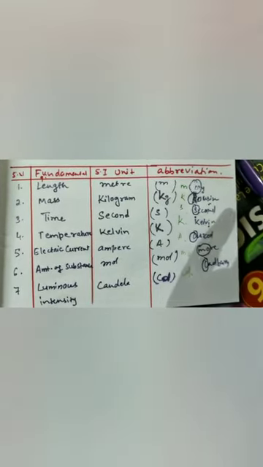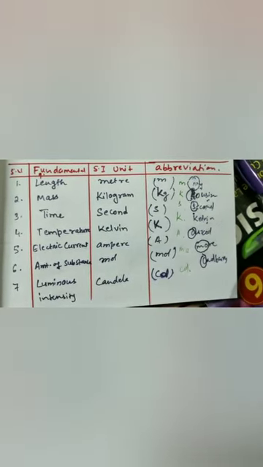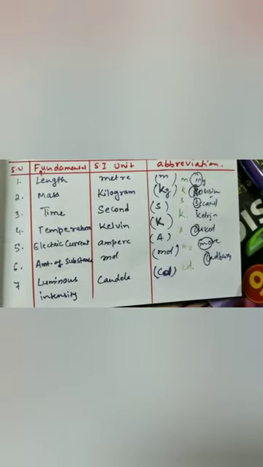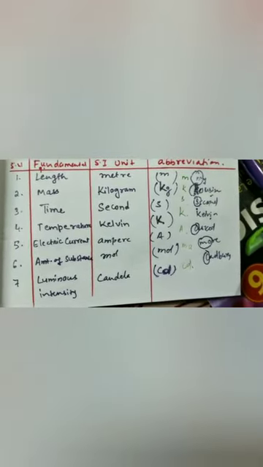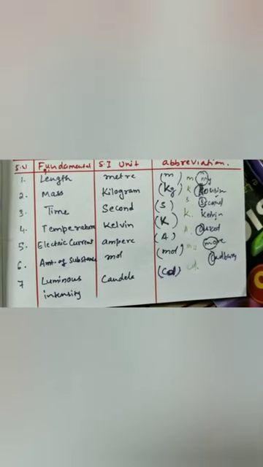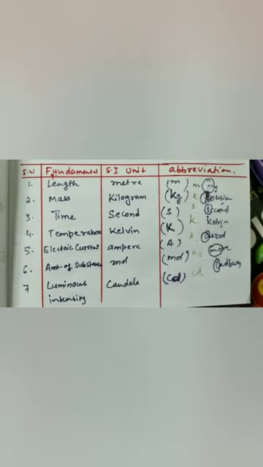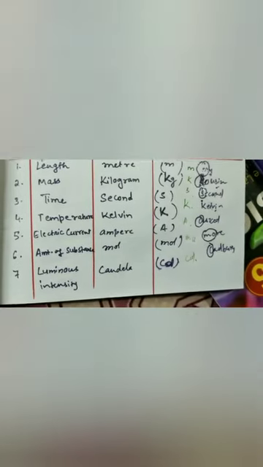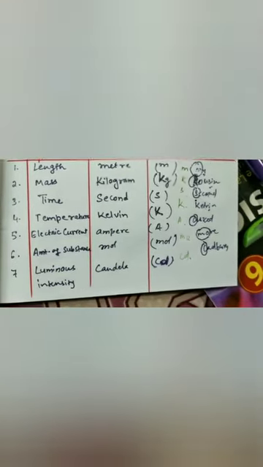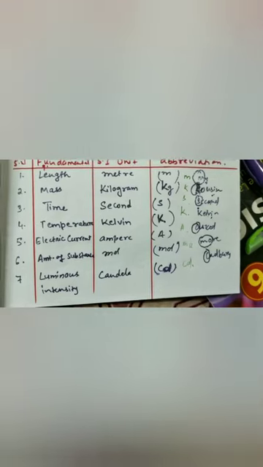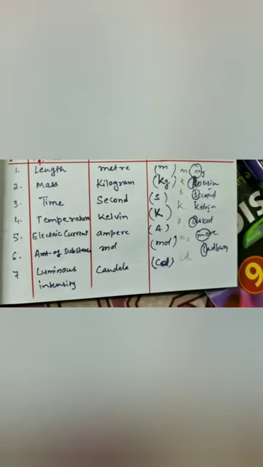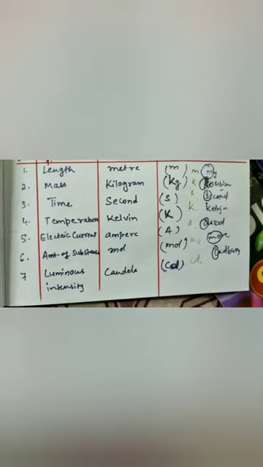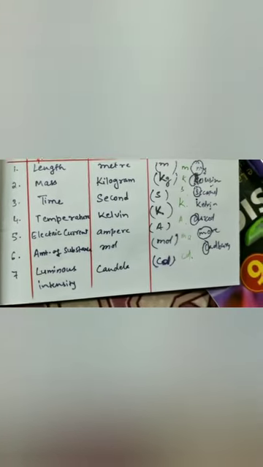Now we'll see how to write the units in the standardized or SI system. There are certain rules on how to write them correctly. Now you can ask me one more question, ma'am, you have written the units for the base quantities or fundamental quantities, but why haven't you written the units of the derived quantities? Yes, you are right.